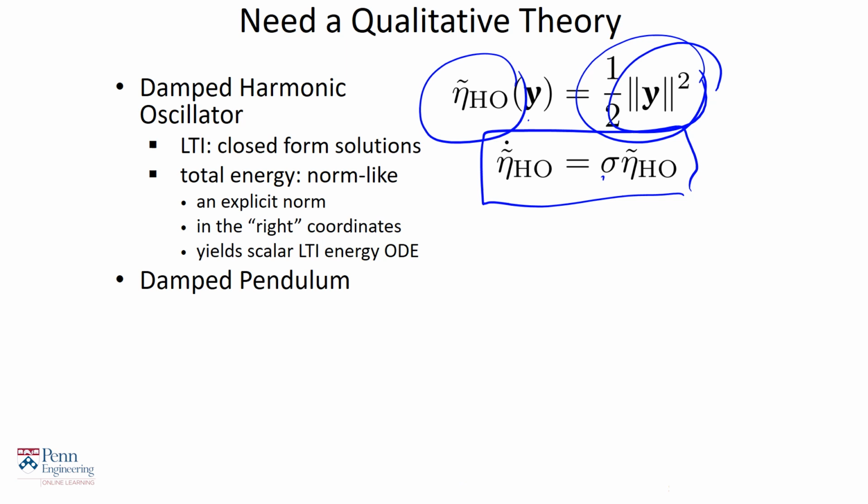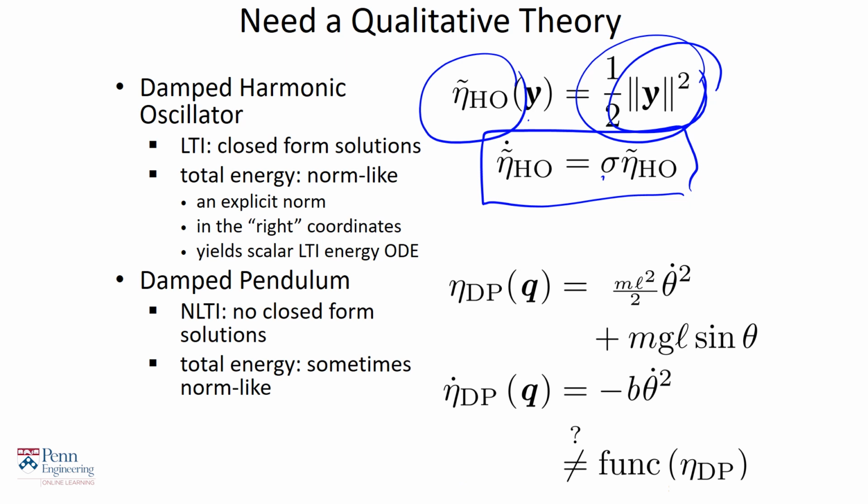In contrast, the damped pendulum shares many of the same features, but crucially, I don't get a scalar ODE in the energy. It's a nonlinear time invariant system, so I'm out of luck if I want closed form solutions. I didn't need the closed form solutions in order to get a handle on the power.